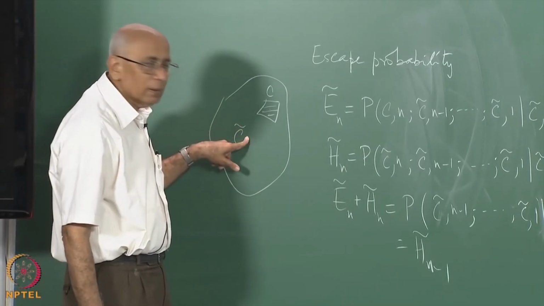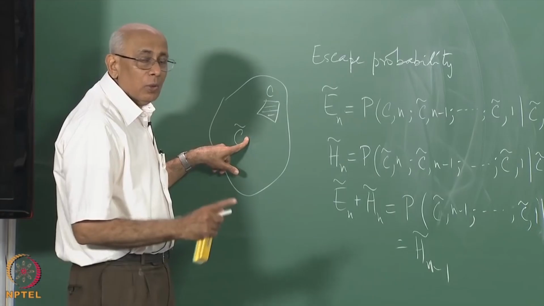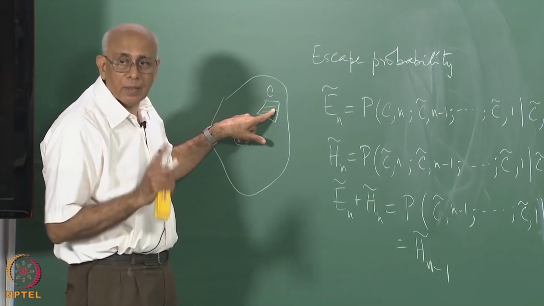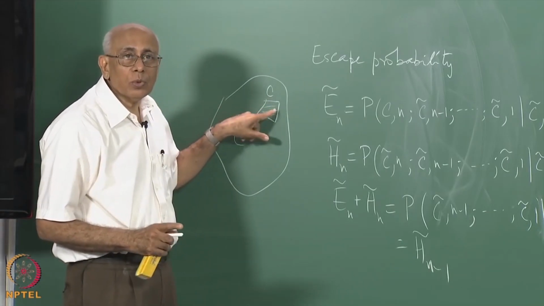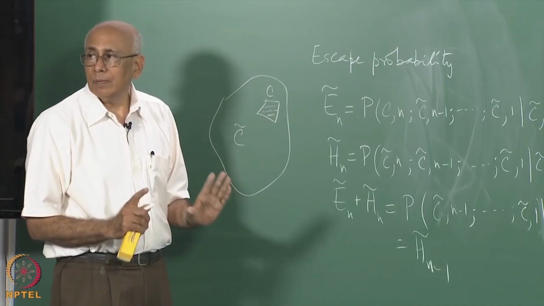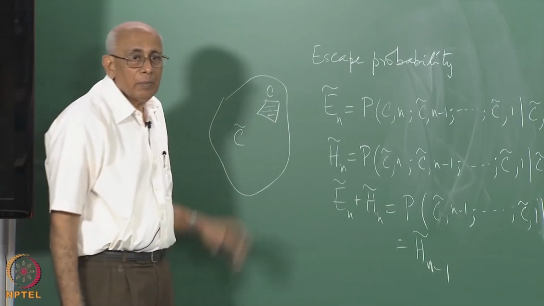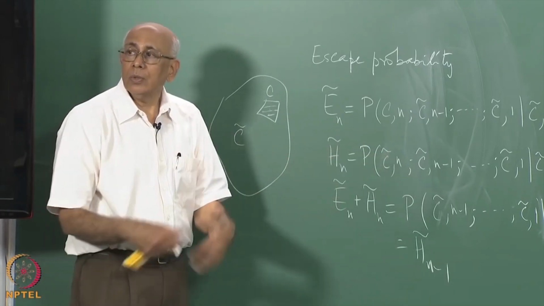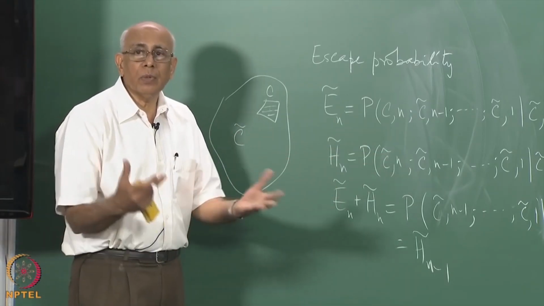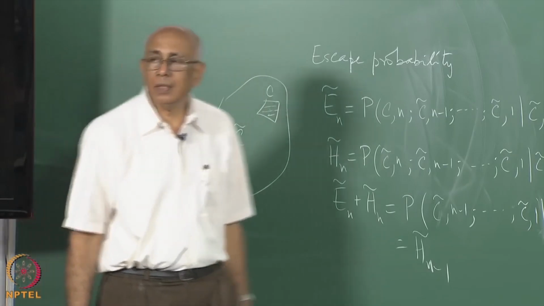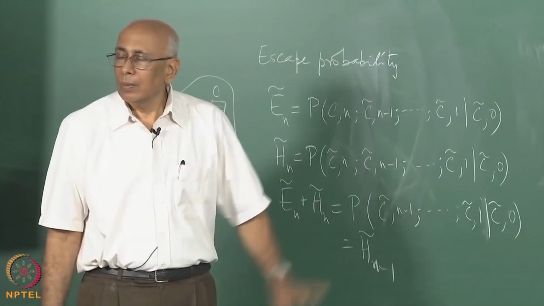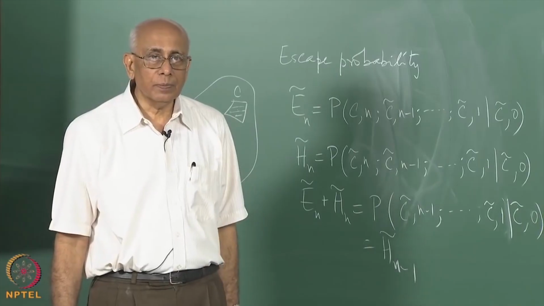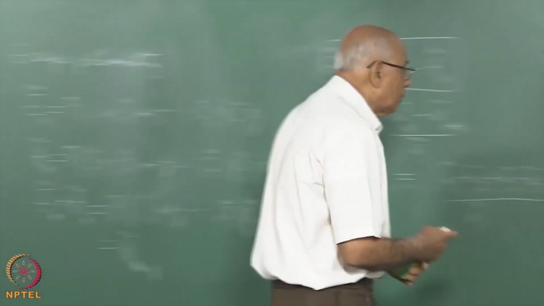If you start here, you are guaranteed to escape into this at some time, but the mean time to do so may be infinite, but it may be finite, we do not care. But that does not tell us anything more unless you actually compute what Wn is and tell me what the large n behavior is. I can't say right away whether it converges or not. May or may not be infinite.